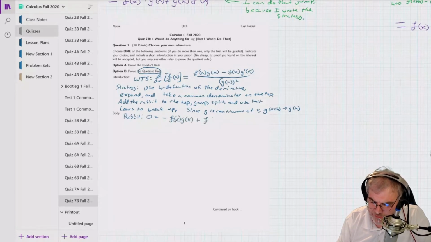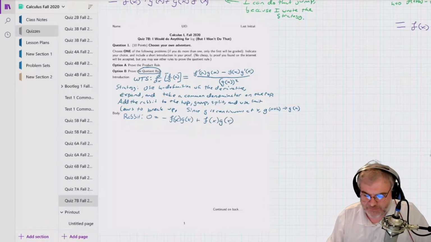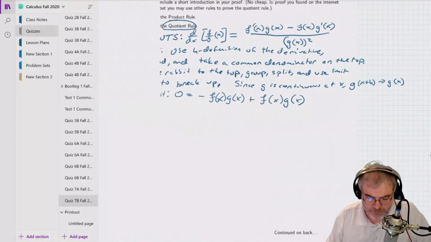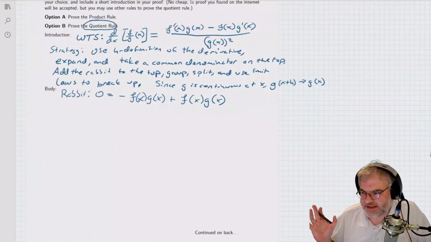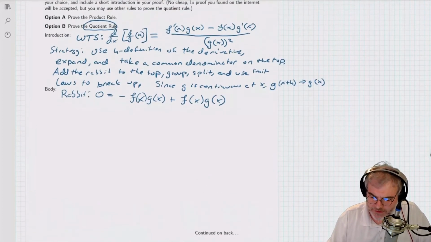I have not looked at the proof at all. And I am going to rebuild this proof for you without having looked at it in forever. No, really, I haven't looked at it since I did this quiz last semester.